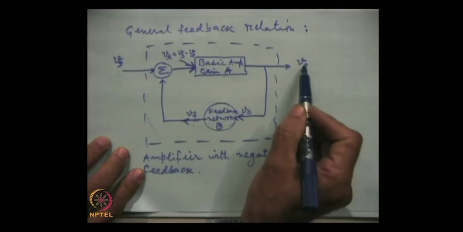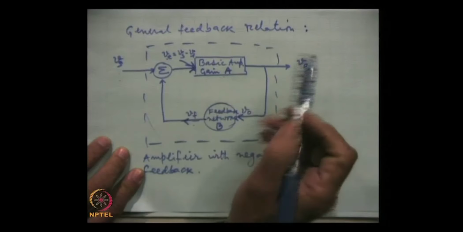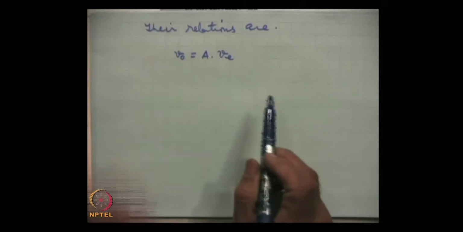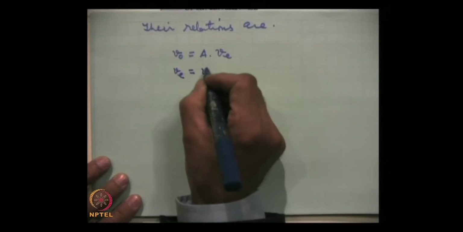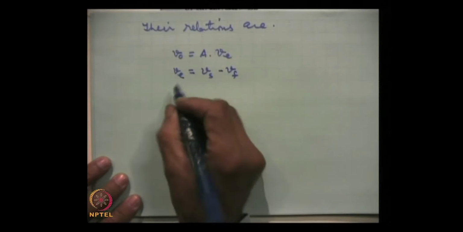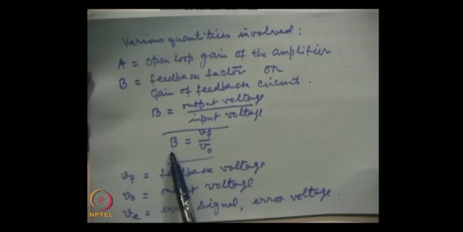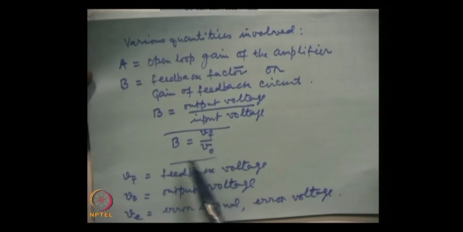So, A is equal to V0 by Ve, because Ve is the input to this amplifier, and so V0 becomes A into Ve. This is what I have written, and Ve, the error signal, is simply Vs minus Vf. And what is Vf? From here, B is the feedback factor, gain of the feedback circuit, and this is Vf by V0. So, Vf is B into V0.